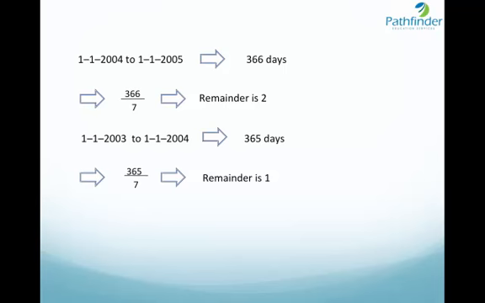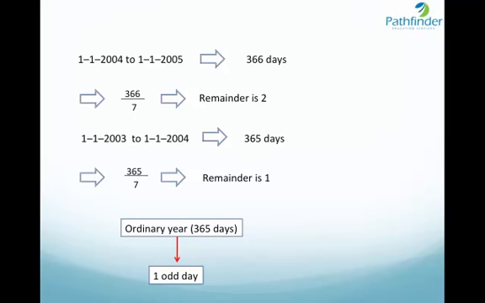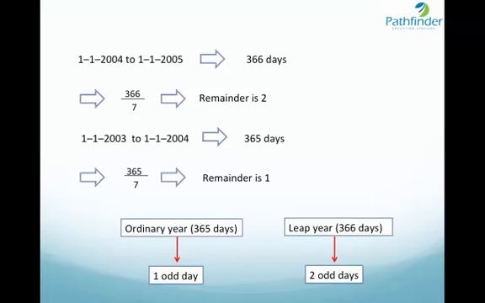And therefore, if the date 1/1/2003 falls on a Monday, then the date 1/1/2004 will fall one day after this Monday, that is Tuesday. So an ordinary year is 365 days, that is one odd day, that is one thing we need to remember. And a leap year is 366 days, and that implies 2 odd days.